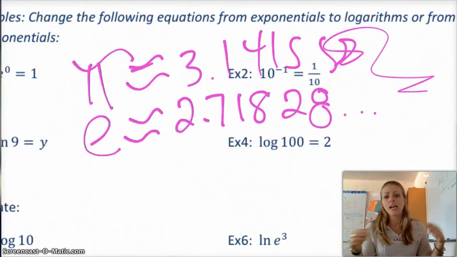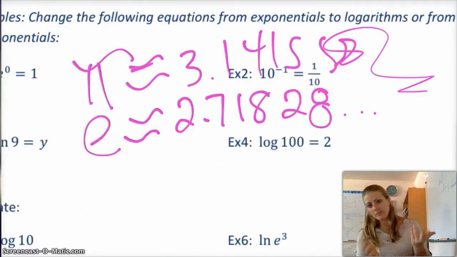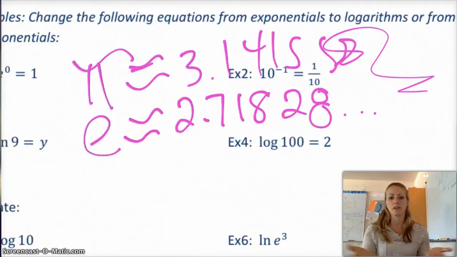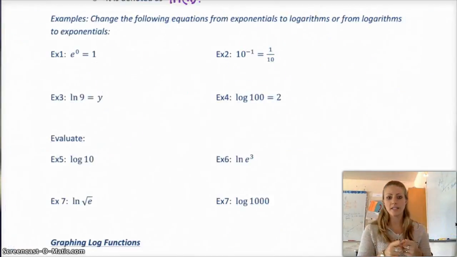It doesn't repeat, so it's an irrational number, but we just denote it with an e. Anytime you have to approximate e, you can use about 2.7, just like you use 3.14 for the approximate value of pi.